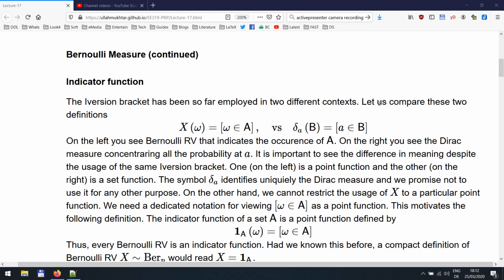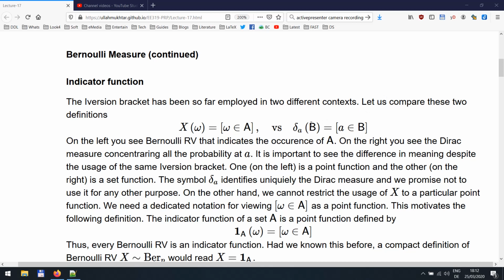Before we move on to other random variables, let us see something very interesting about the Iverson bracket. So we have seen two different usages of the Iverson bracket. On one hand, it gives 1 or 0 depending on whether a condition is true or false.